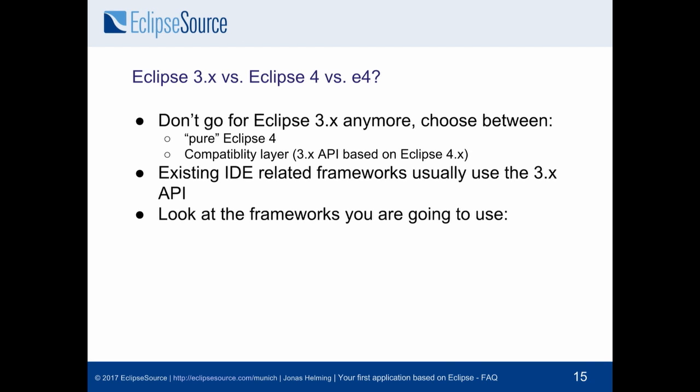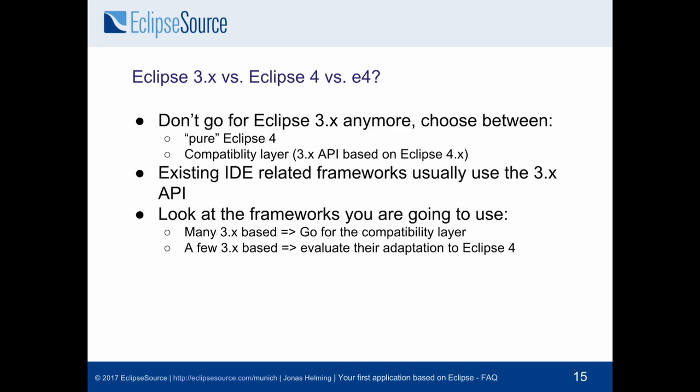So to decide between this and this, the easiest or the only choice actually is to look at the existing frameworks and bundles that you use in your application. That includes things that you have written yourself. If you have a lot of stuff which is 3.x based, third-party libraries and your own, I would not migrate to pure Eclipse 4 just for the sake of doing it. I would stay on the compat layer.